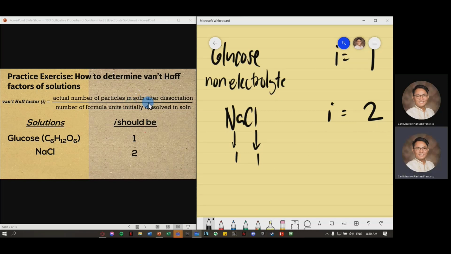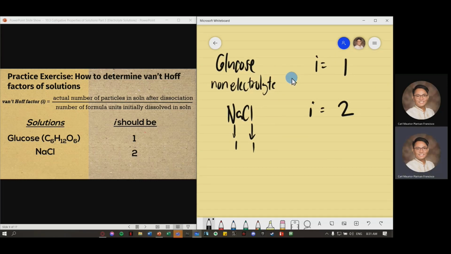So kahit hindi niyo po gamitin ang equation, pwedeng shortcut yan. Ang shortcut ay sa pamamagitan ng pagbibilang kung gaano kadaming atoms ang meron sa kada substance. So we have 2 components, sodium at chlorine, tig-isa. So number 2.